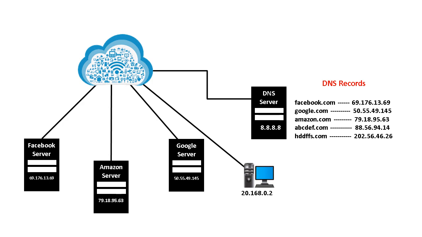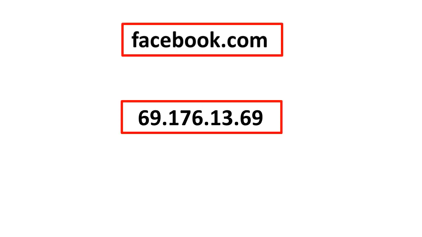It is easy to remember a short name such as facebook.com instead of remembering 69.176.13.69. So the domain name system is a process of mapping a unique short name with a unique IP address for a particular device in a network.